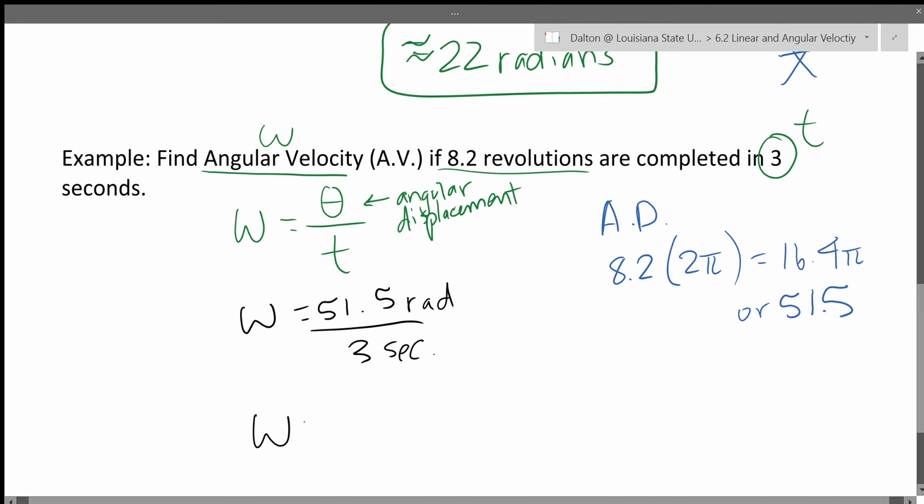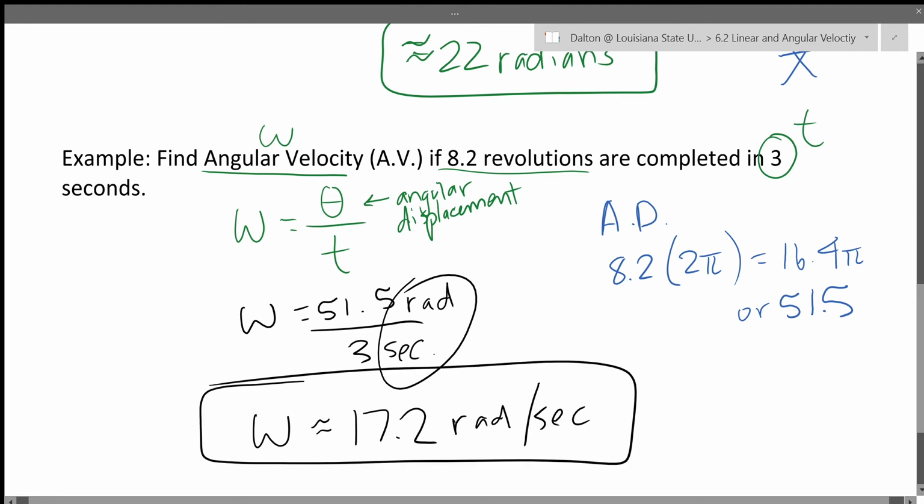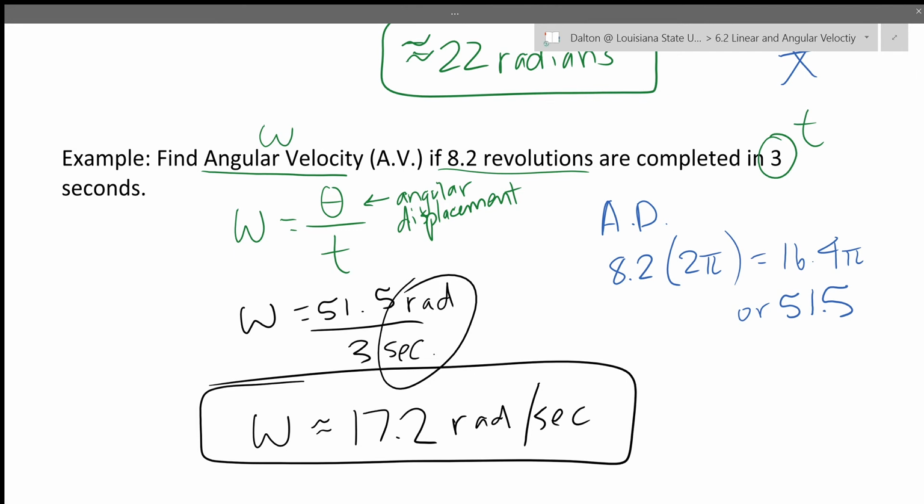So omega is approximately 17.2, and the units are already here. It's going to be 17.2 radians per second. You have to make sure all of your answers have the correct units. Angular velocity will always have an angle per time.